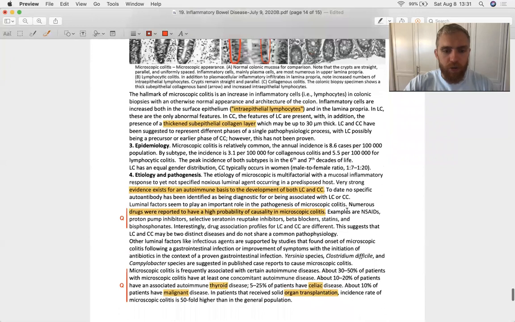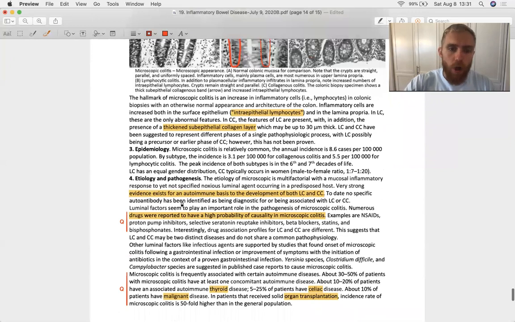We think that there are some different drugs that play a role, but we definitely think it's got an autoimmune basis, and some conditions related to the development of microscopic colitis include autoimmune thyroid diseases. Graves comes to mind. That's the TSH receptor autoimmunity. Celiac disease, your autoimmunity against tissue transglutaminase, and you make IgA against that.